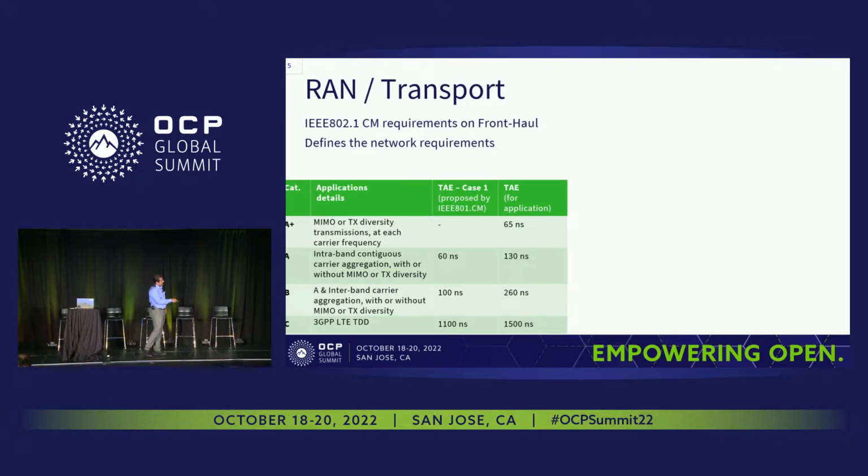The time error, the time alignment error, can be these. For example, if you have a GNSS-based grandmaster, a switch and a radio, then for supporting this level of service, we need to support 130 nanoseconds. So if you use a traditional GNSS machine, you may not be able to use it because the network only has 60 nanoseconds.